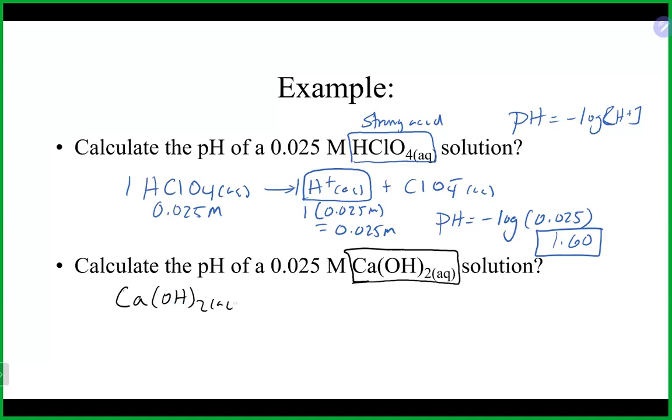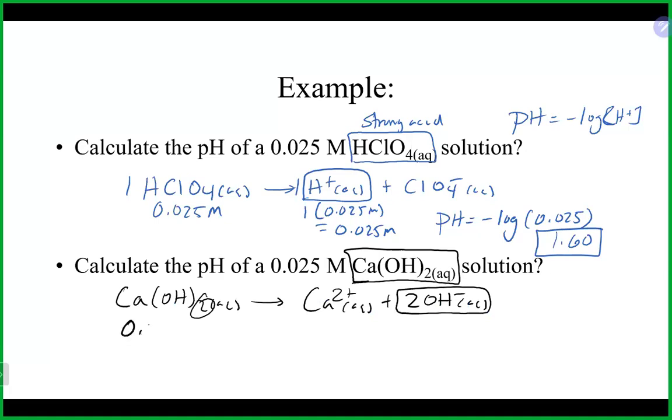So here it will break apart into a calcium ion. And the important part of this is it will actually give you not one, but two hydroxides as that breaks apart. And that actually is kind of important in this calculation. We do want to figure out our hydroxide so that we can get to our pOH.